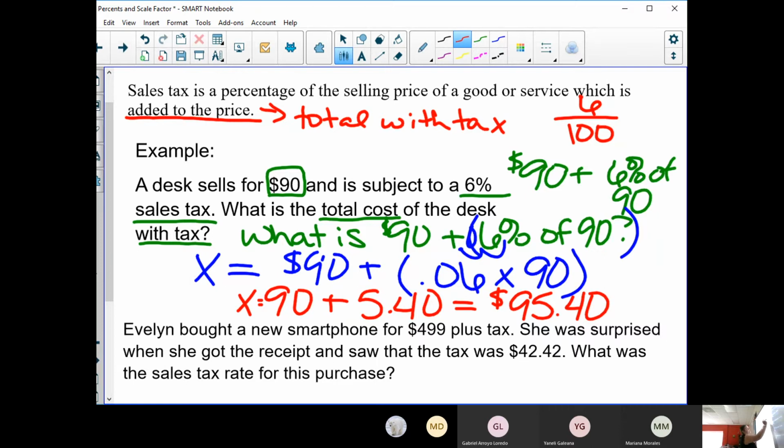And when I divide these two out, all I'm really doing is taking this invisible decimal and moving it 2 places to the left. And you see that there is this empty space right here. That empty space has to be filled with a 0. Okay. Does that make sense, Yariel?